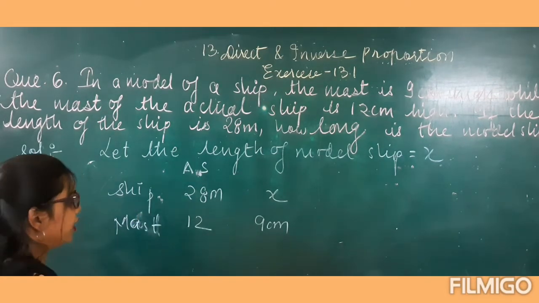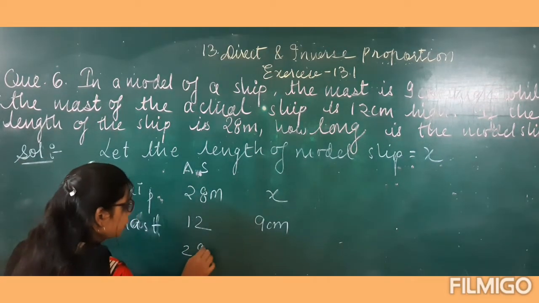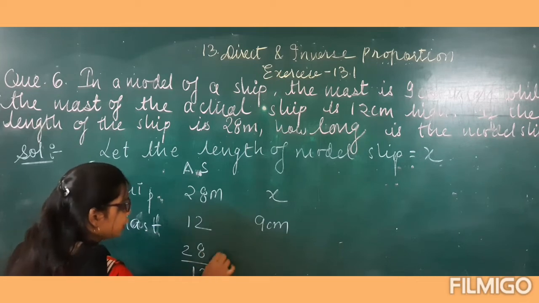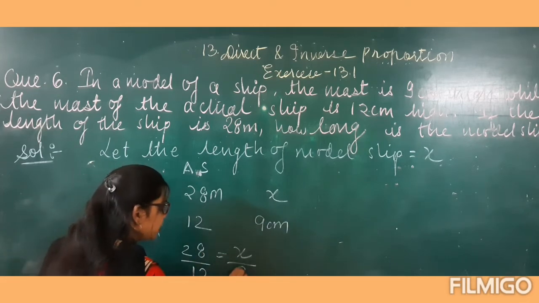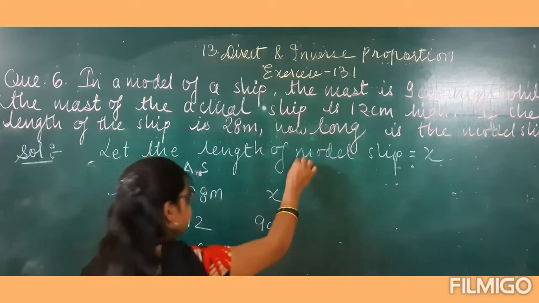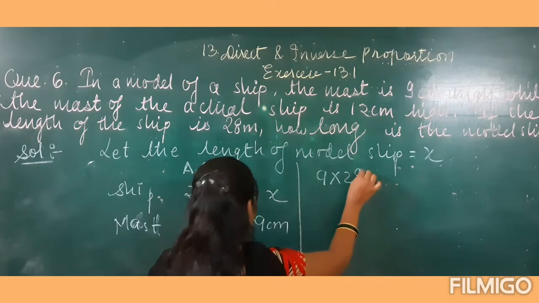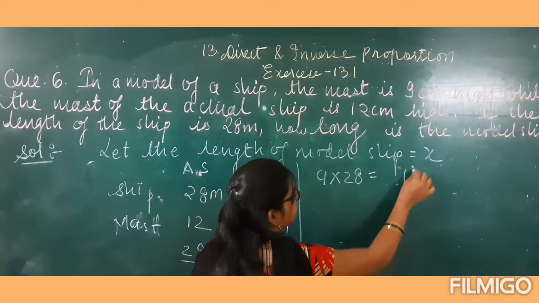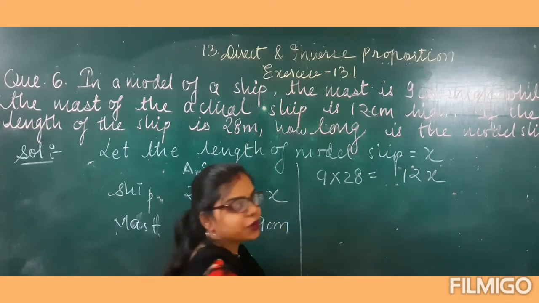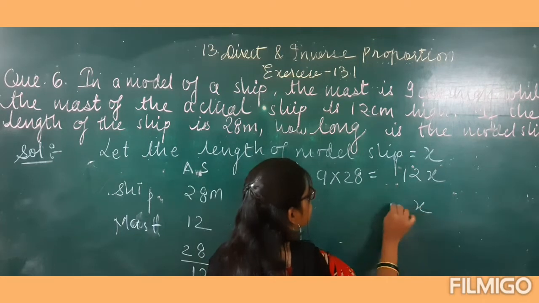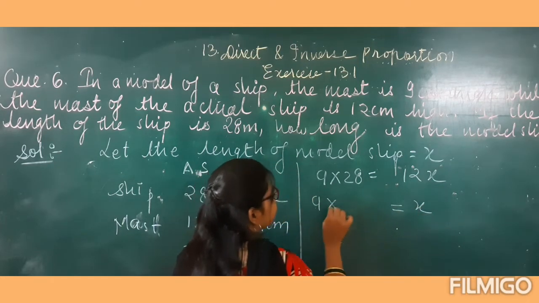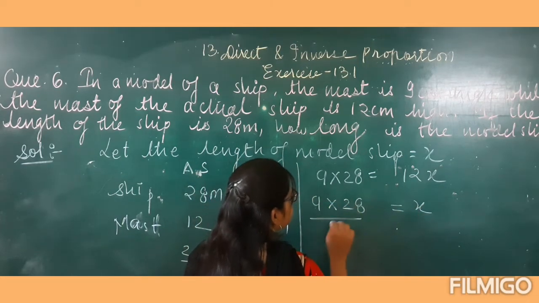So from here you will get 28 upon 12 equal to X upon 9 meter. Cross multiply, you will get 9 into 28 equal to 12x. From here find out the value of x. X is equal to 9 into 28 upon 12.